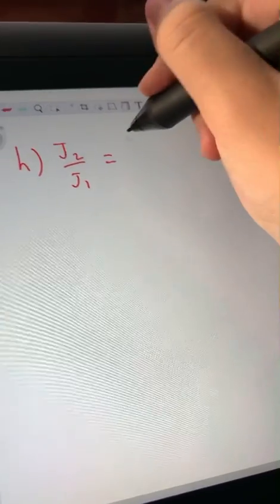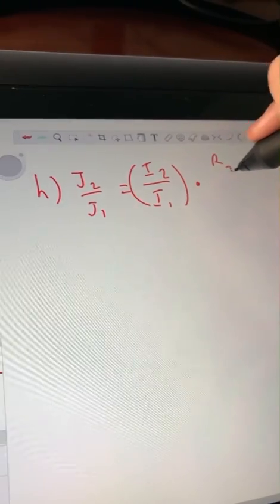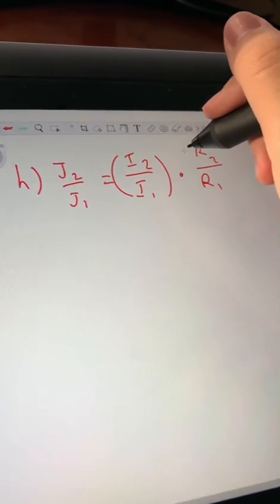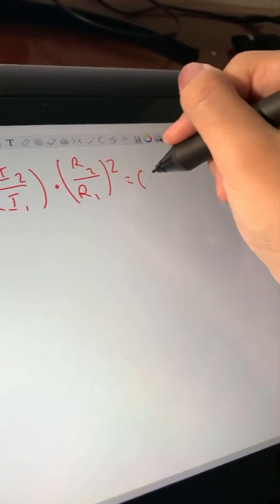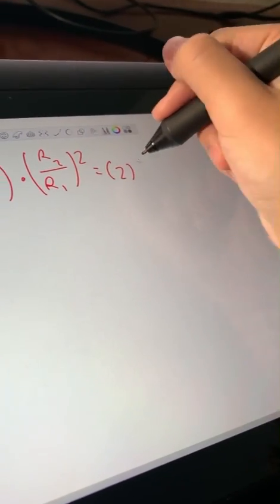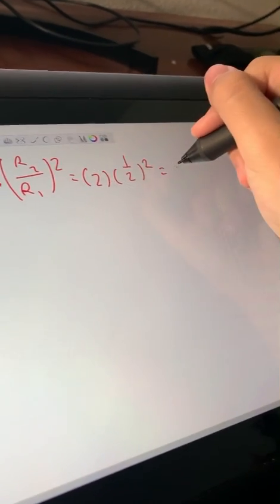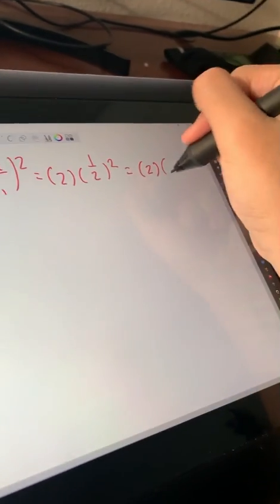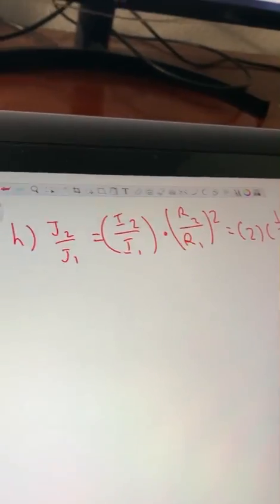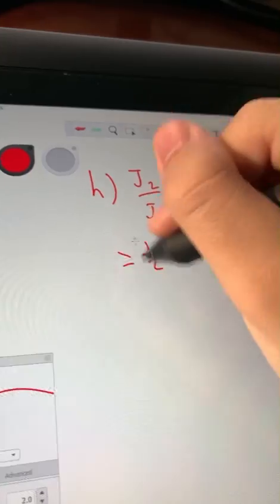And this will equal I2 over I1 times R2 over R1 squared. So when we fill in the values, it'll be 2 times 1 over 2 squared, which equals 2 times 1 over 4. And when we add all these up, it'll equal 1 over 2 for part H.